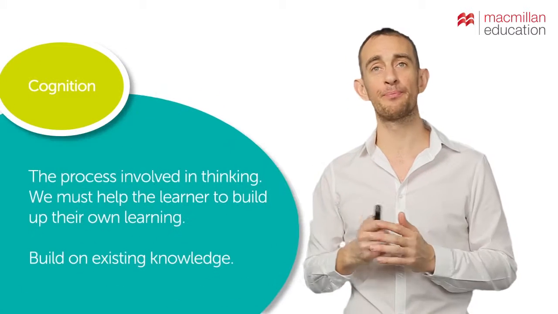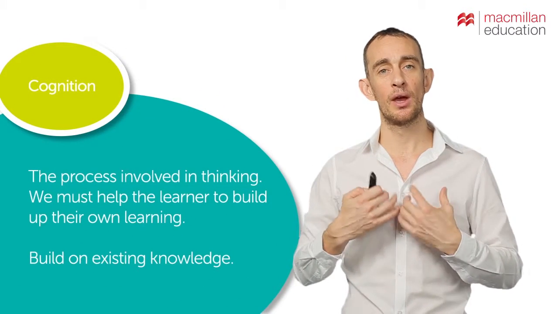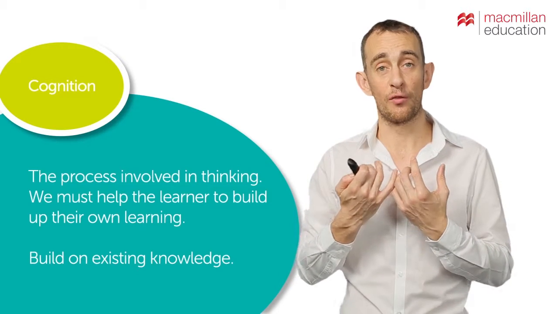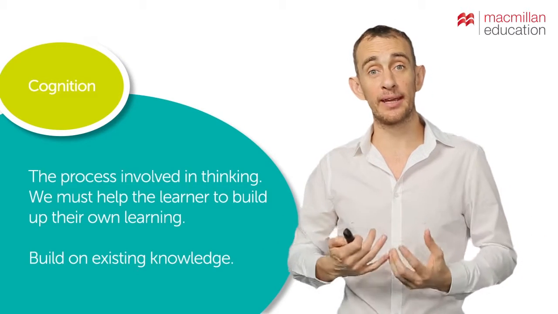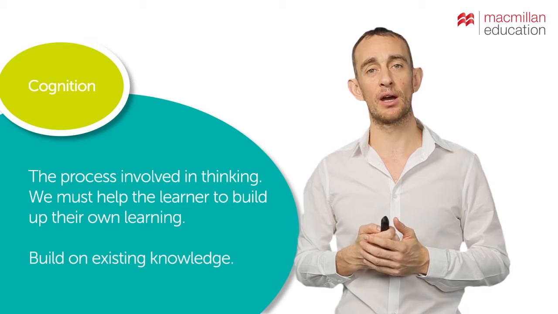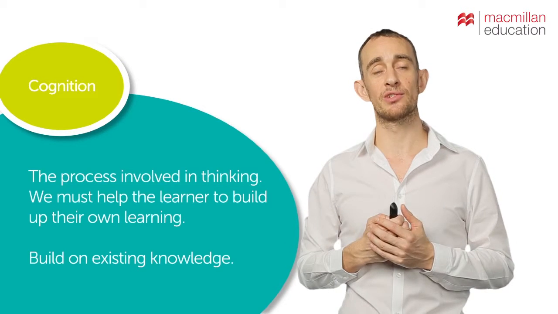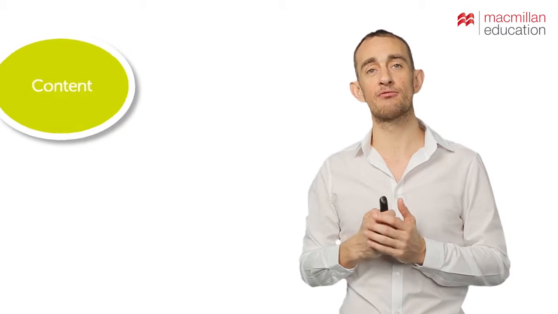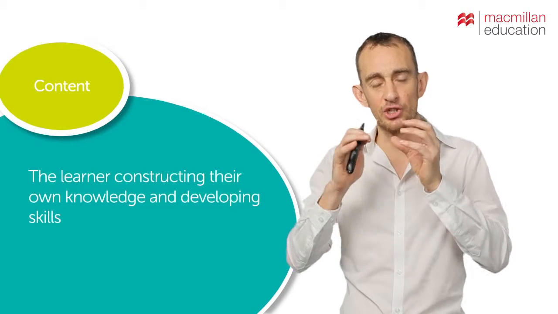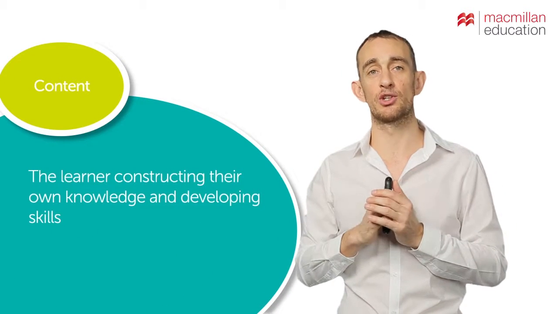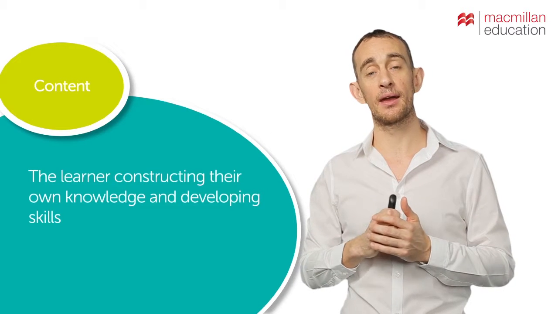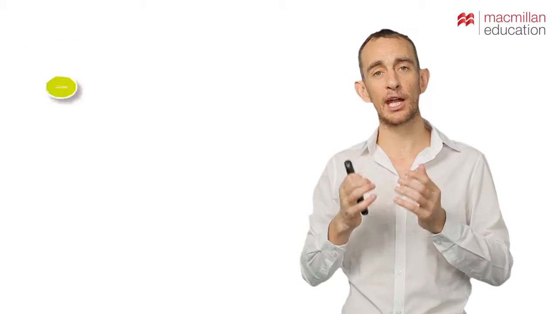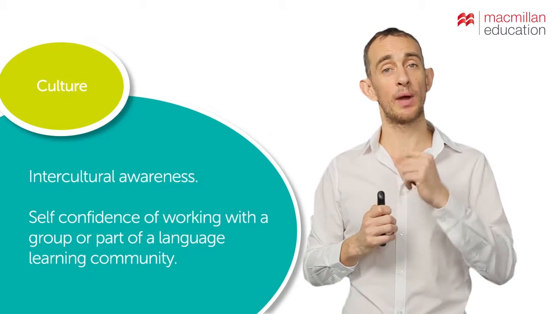For cognition, okay, that relates to the process of thinking, but also building on existing knowledge and thoughts that the students have. Content refers to the learner constructing their own knowledge and developing their skills. And culture refers to two elements.